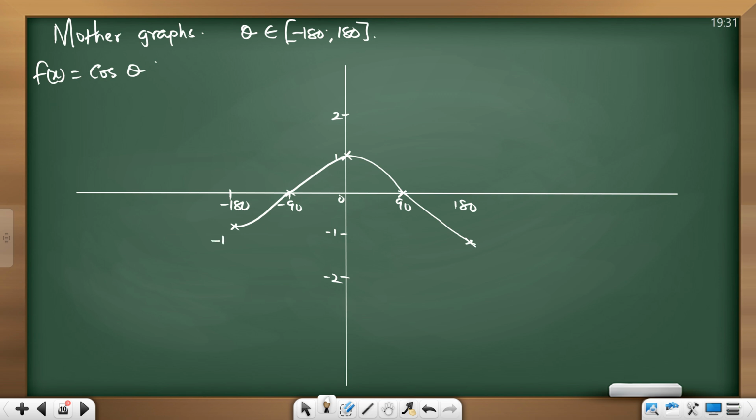Where is it turning? Negative 180 and negative 1. Intercept? Negative 90 and 0. Here, x is 0, y is 1. Intercept? 90 and 0. Turning point? 180 and what?